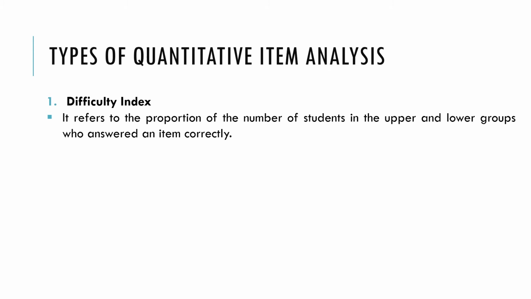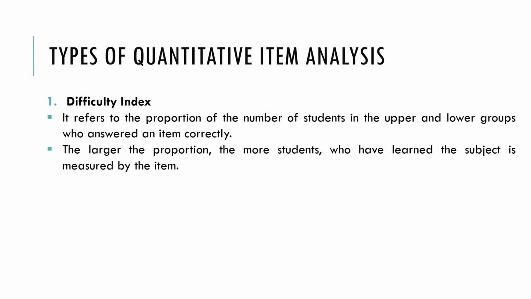For number one, for example, the correct answer is letter A. So let's try to look at kung sino yung sumagot ng letter A coming from the upper group and then lower group of the class. So the larger the proportion, the more students who have learned the subject as measured by the item.